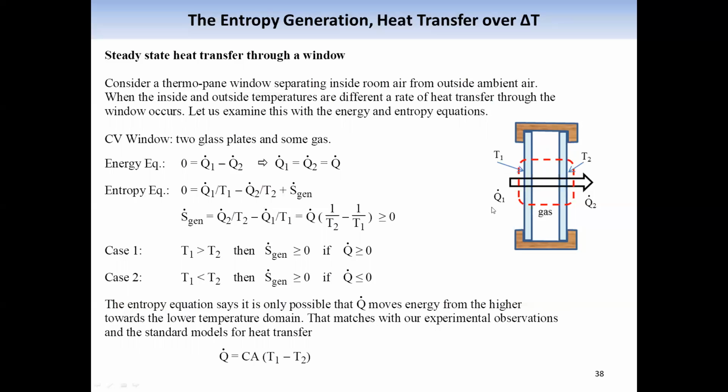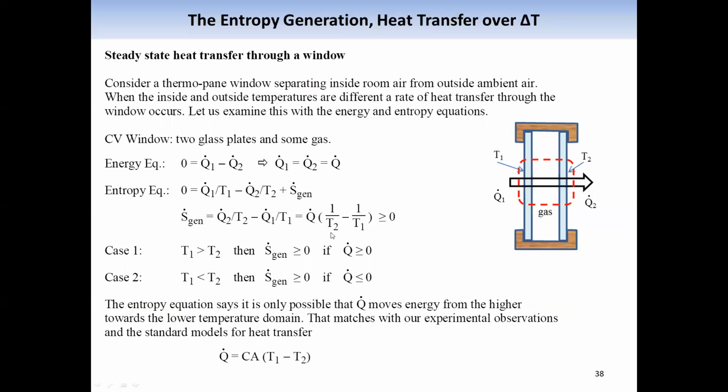So we can rearrange this equation to estimate the entropy generation rate equal to the heat transfer rate Q2 dot divided by T2, the room temperature, minus Q1 dot divided by T1. Rearrange because Q2 dot equals Q1 dot. We can take the common factor out. We get this factor on the right.